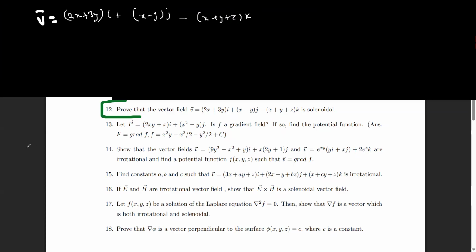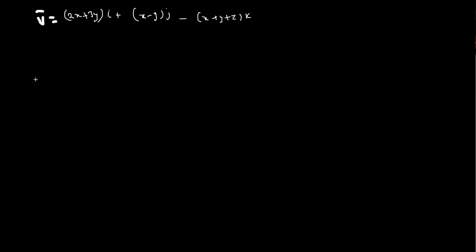So you know what is solenoidal. We will find the divergence; if divergence becomes 0, then you can say this is solenoidal. Divergence of vector v is nothing but dot product with vector v.